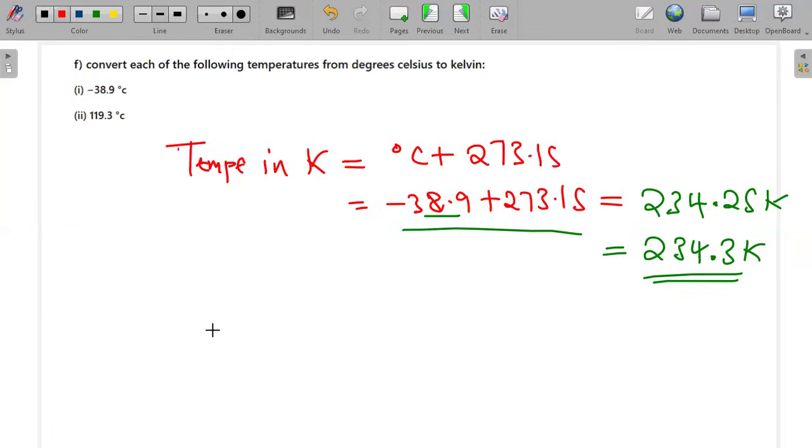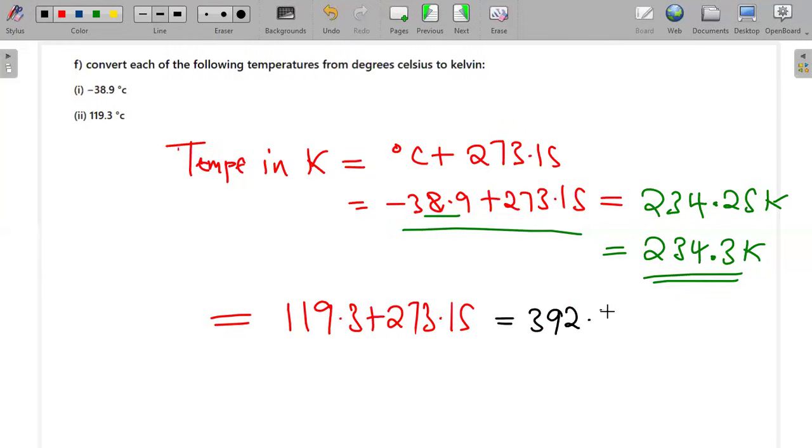And then the other one: 119.3 degrees plus 273.15. Again, this one has 1 decimal place and this one has 2, so my answer should also have 1 decimal place. So 119.3 plus 273.15 gives me 392.45.